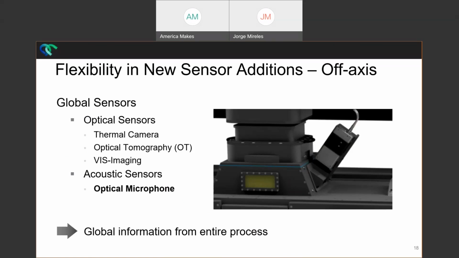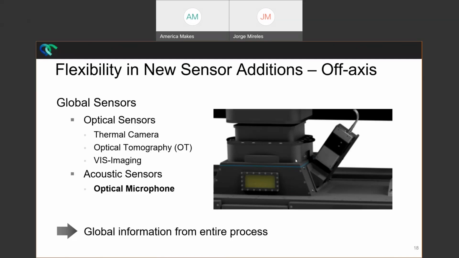So we have been able to add cameras and other sensors within the laser enclosure, as you can see here by the IR camera. So we apply this type of approach to optical tomography as well, and then your typical webcam, let's call it, type monitoring, where you just have a simple camera looking at the process, right?